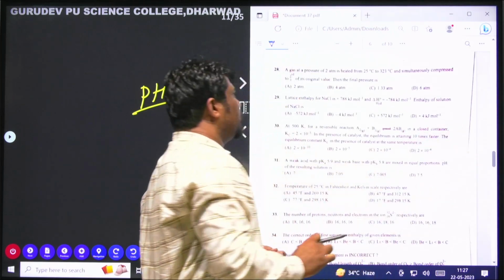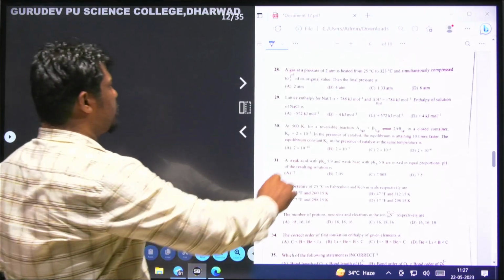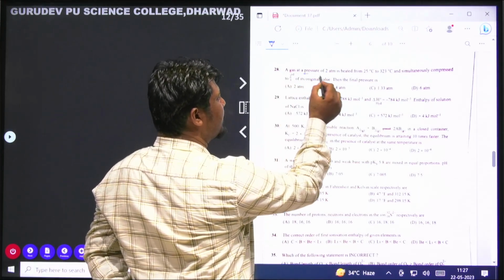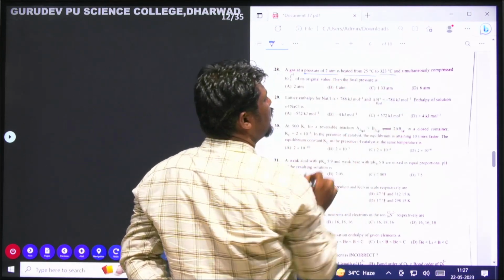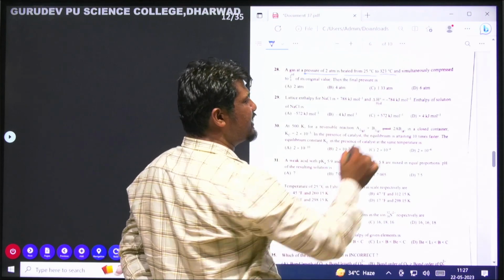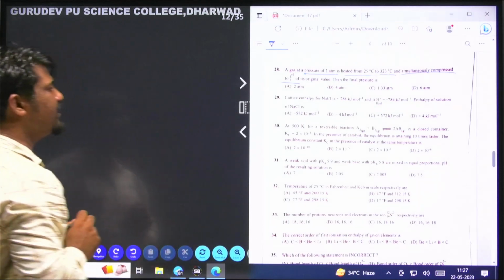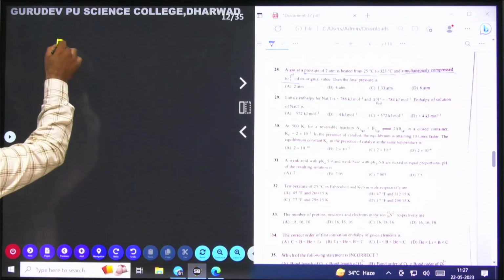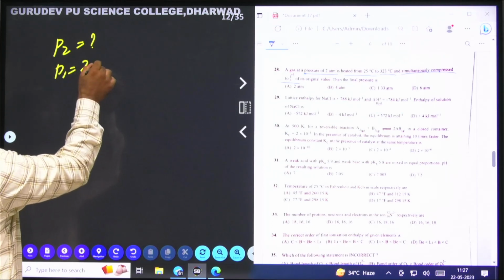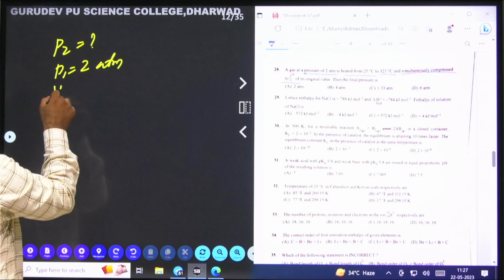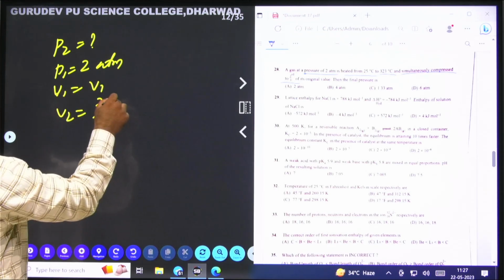Next, question number 28. The question says, a gas at a pressure of 280 is heated from 25 degrees Celsius to 323 degrees Celsius and simultaneously compressed to two-thirds of its original volume. Then what is the final pressure? They are asking for the final pressure, P2. So P1 is 280, V1 is V1, and V2 is two-thirds of V1.